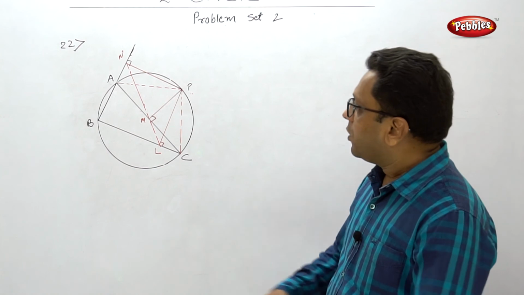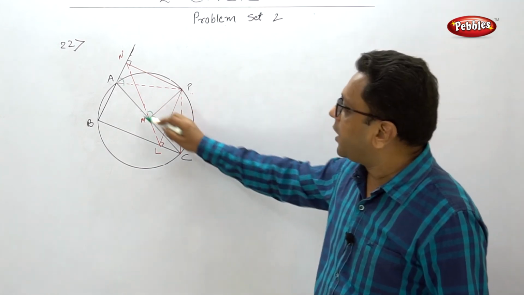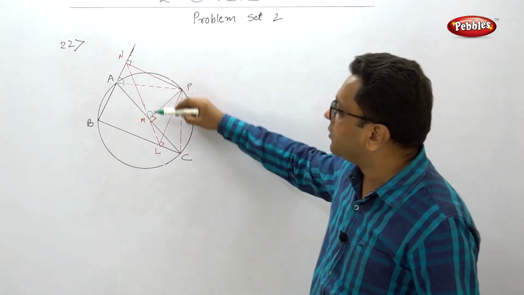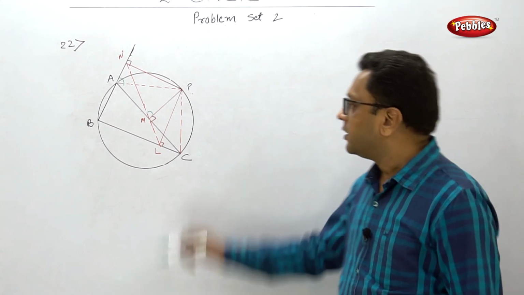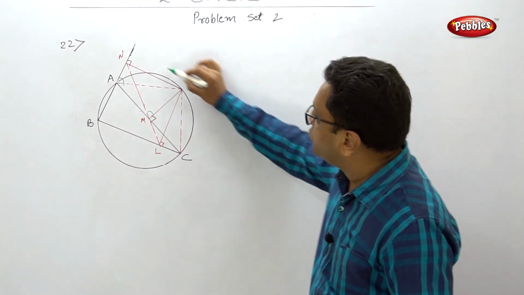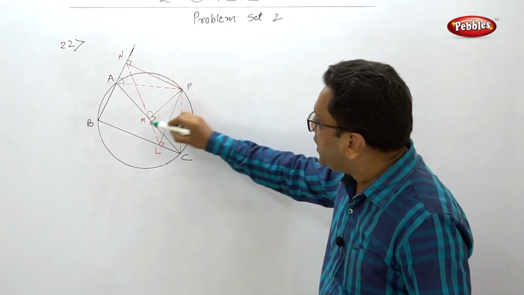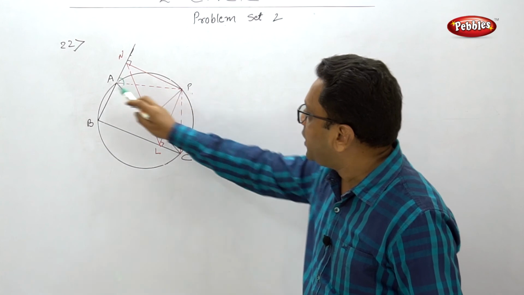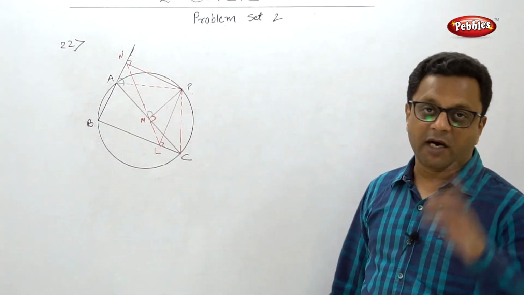Okay. First, consider this quadrilateral PMAN. This is a right angle, this is a right angle. Opposite angles are supplementary, and hence this is a cyclic quadrilateral. That means a circle passes through all these vertices, and hence PMN and PAN are the angles in the same arc.